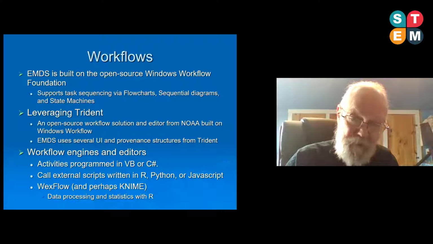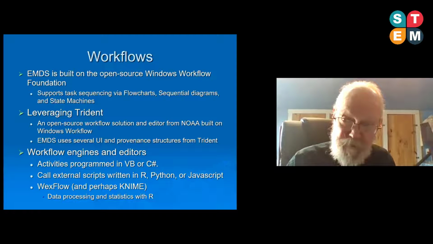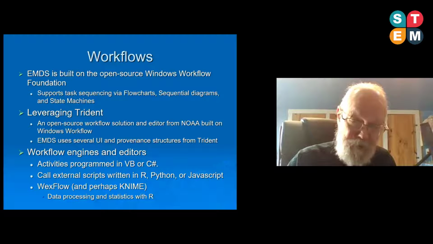And we've basically borrowed several of the user interface components and provenance structures from Trident, but we've built that out into a later, more modern edition based upon Wexflow, which some of you may be familiar with. This is a very popular workflow environment for sequencing a series of tasks in very complex processing, and in our case, geoprocessing.